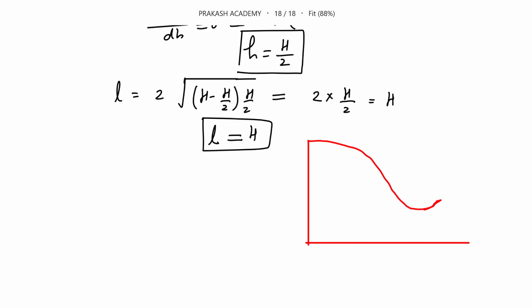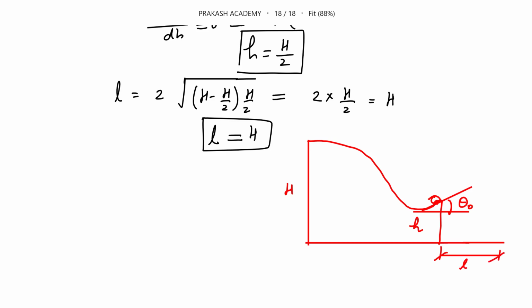Everything is the same, the only thing is it makes angle theta from the horizontal, and this theta naught is given. This is h, and this length will be L.